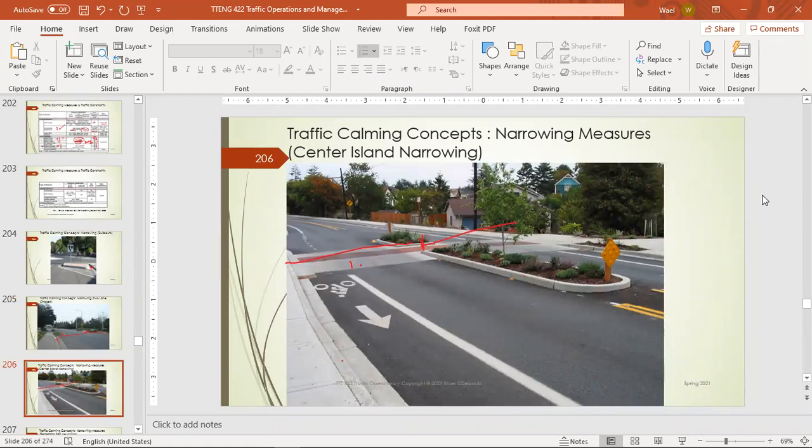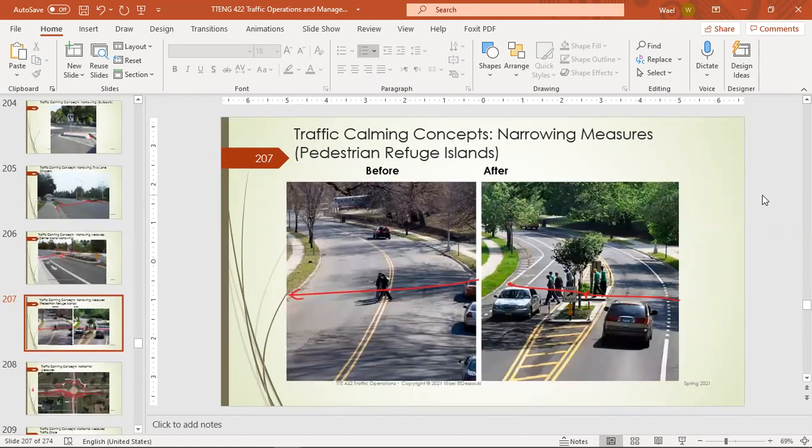Actually, we have here a combination of a central island, speed hump, or raised pedestrian crossing. You see there is a slope, and it is a gentle slope. It gives the driver a sense that there is a pedestrian crossing here, or it alerts the driver to the presence of a pedestrian crossing.